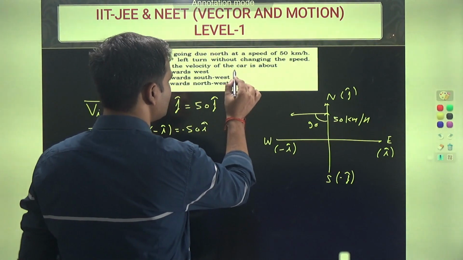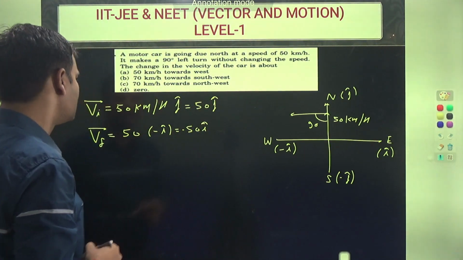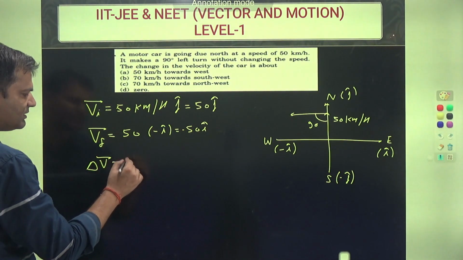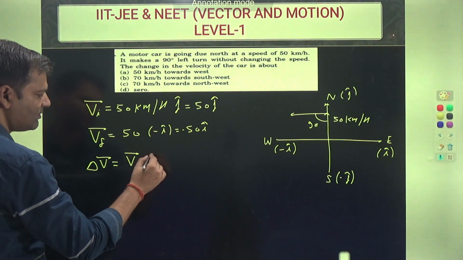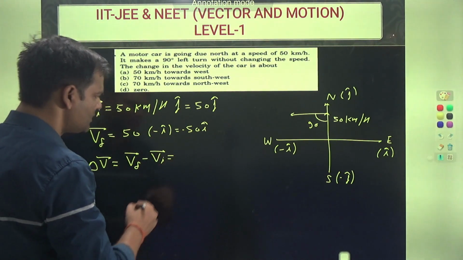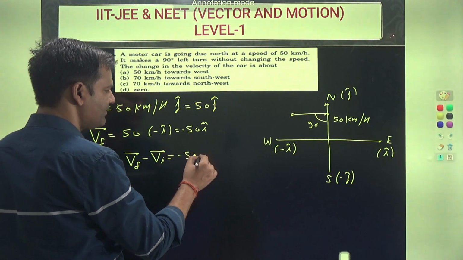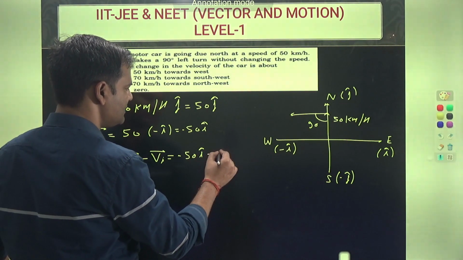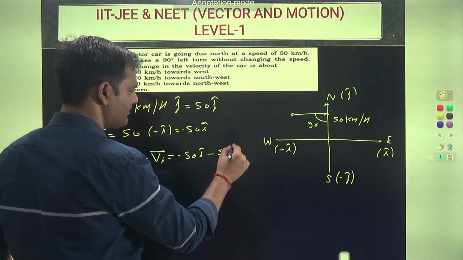Now, the change in the velocity of the car is the change in velocity, delta V. It is written as final velocity minus initial velocity. So the final velocity is minus 50 i cap and the initial velocity is minus 50 j cap.